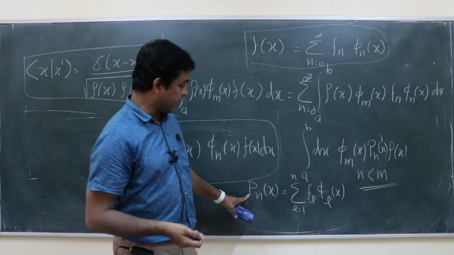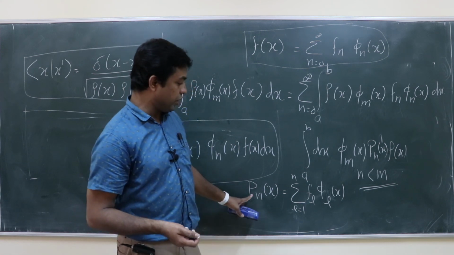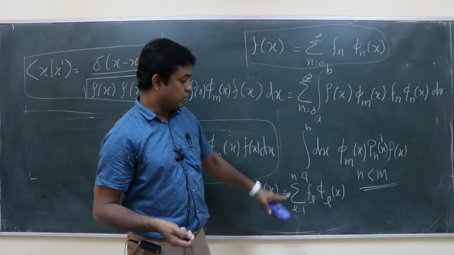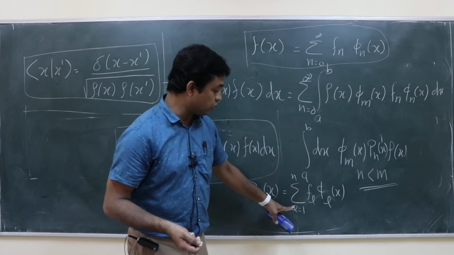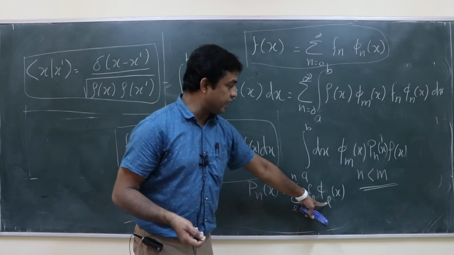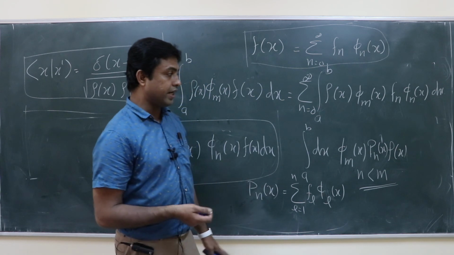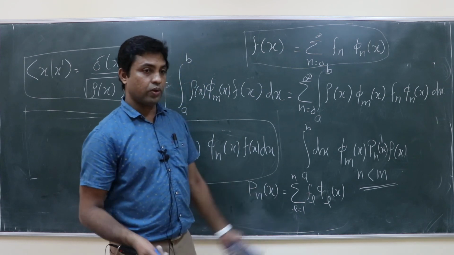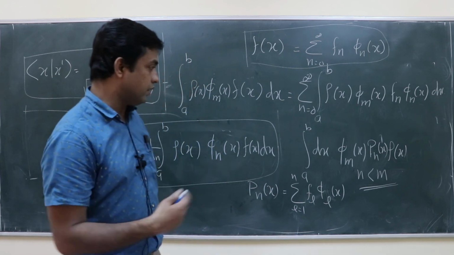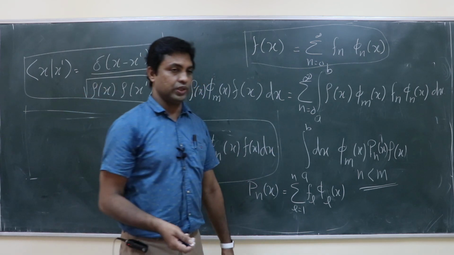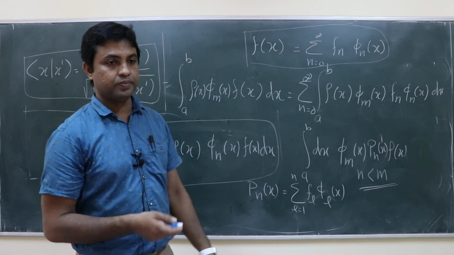You can expand p n of x in this form and substitute it there, and you can see that l is less than m. So all terms in that integral go to 0 because of the orthogonality relation.